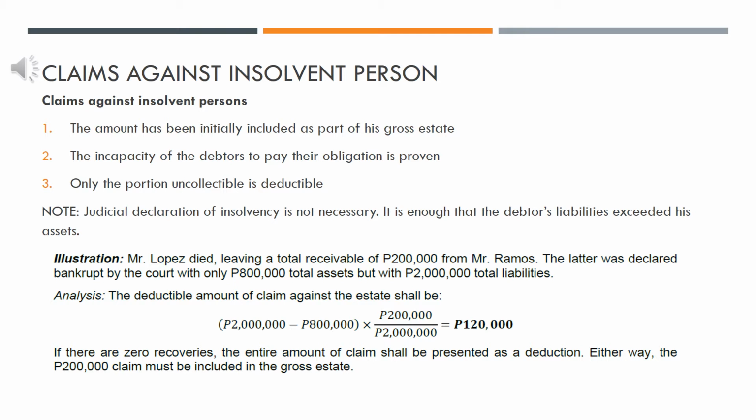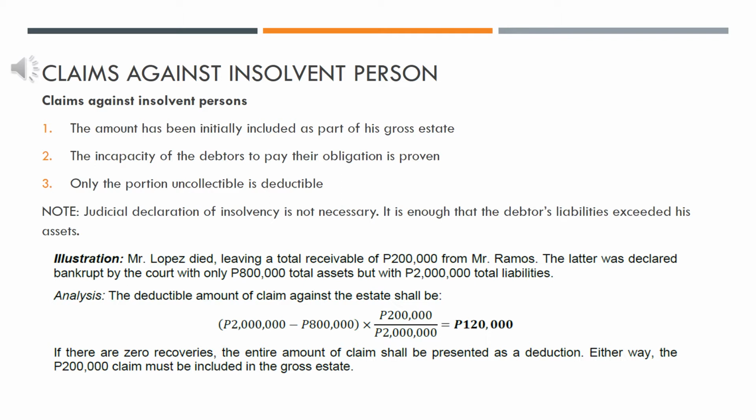So, pag nakuha na natin yung proration natin or prorate, i-multiply natin dyan sa unrecoverable amount. So, out of the 1,200,000, yung hindi natin mare-recover is 120,000 pesos, which is intended for Mr. Lopez.